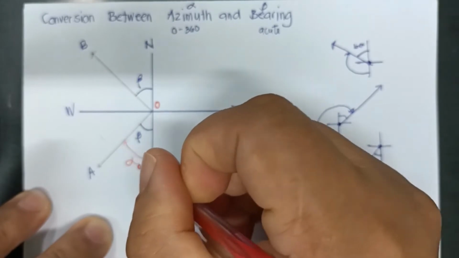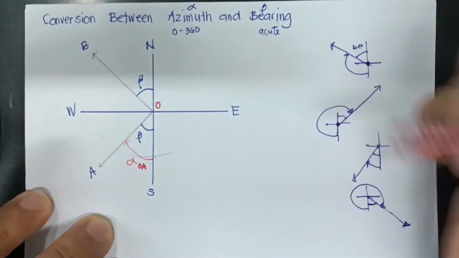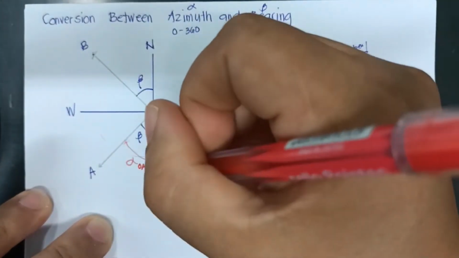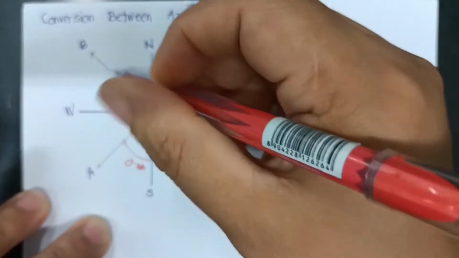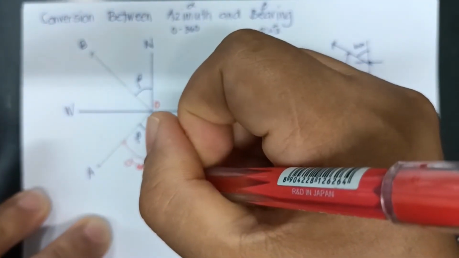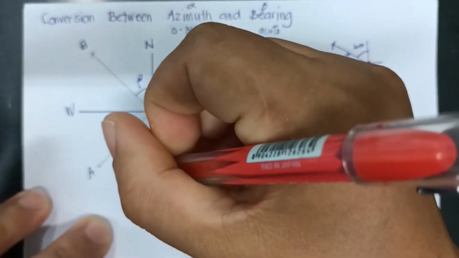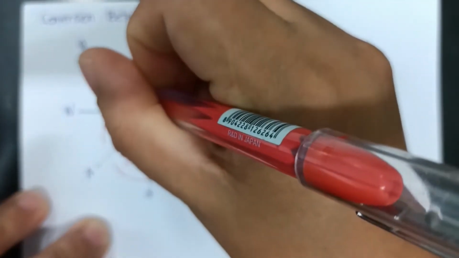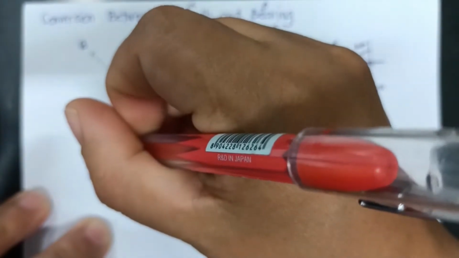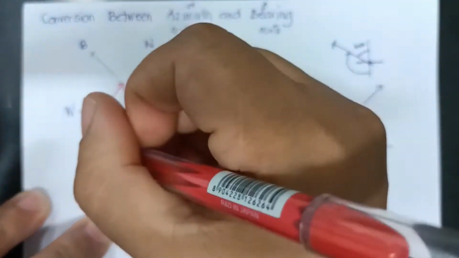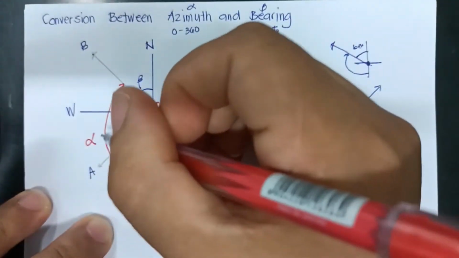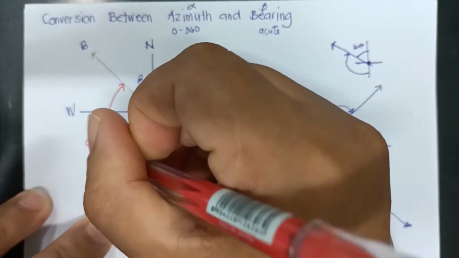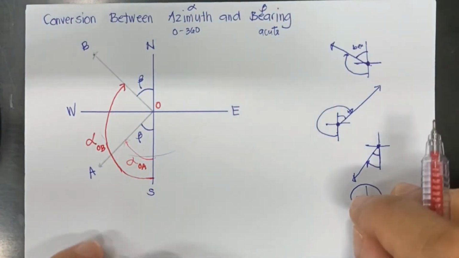Let me show here OA, and of course the alpha or the azimuth of OB is from the south, from here in clockwise direction, stopping at the line. So this is the alpha or the azimuth of line OB. Take note, OB, not BO.